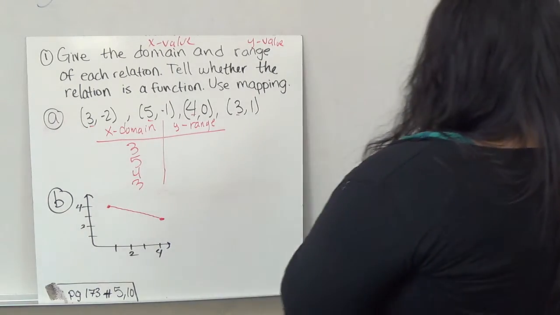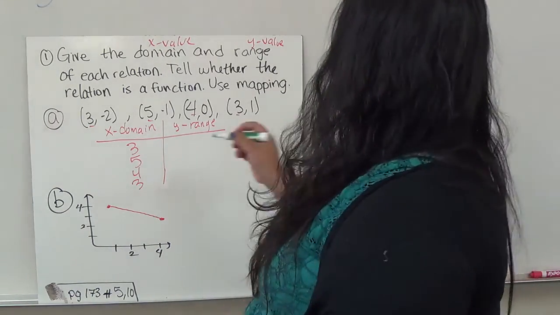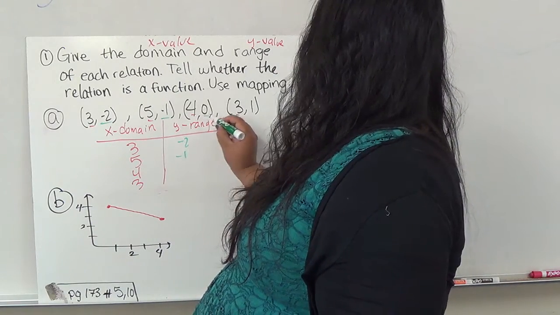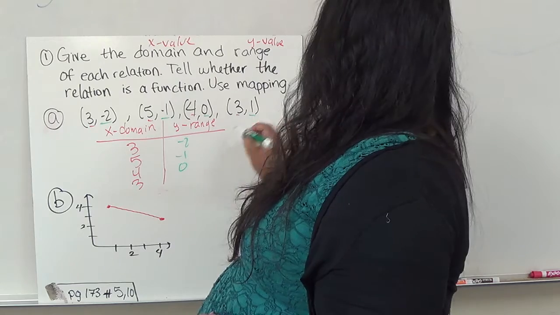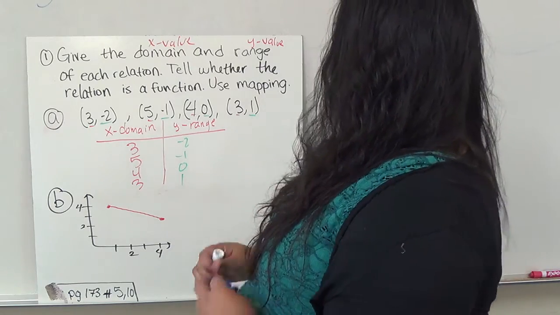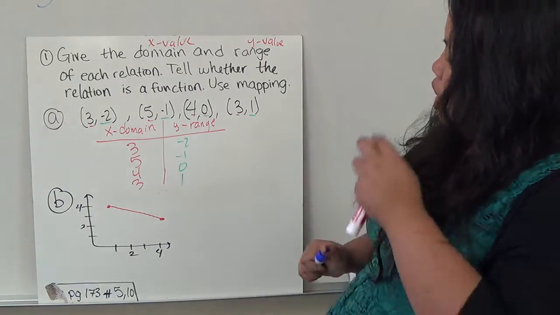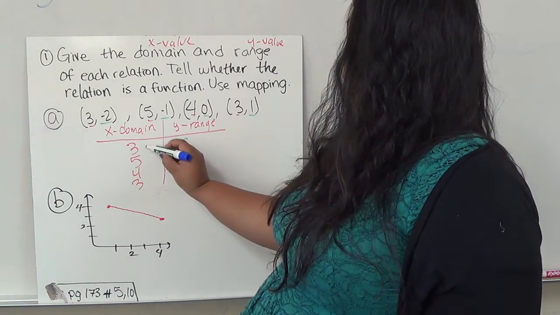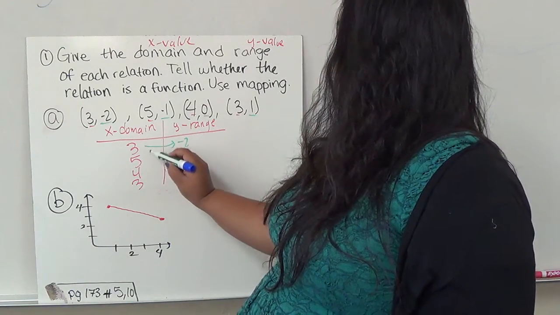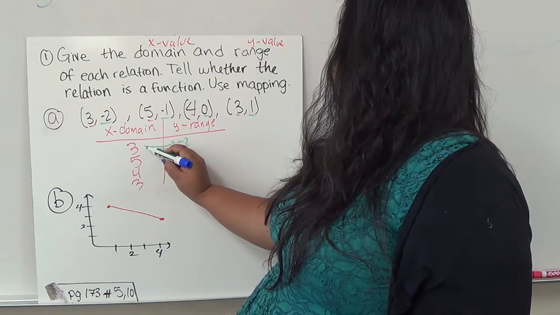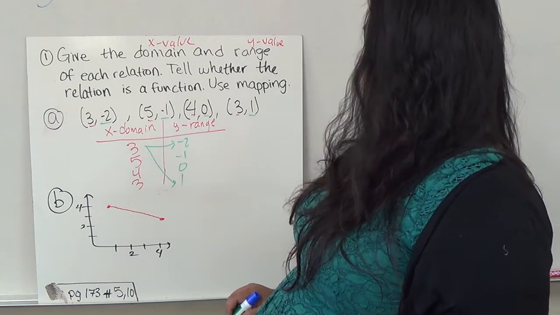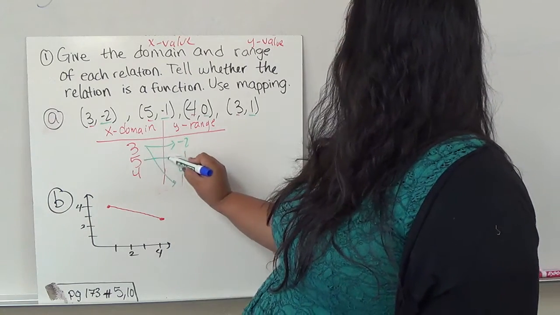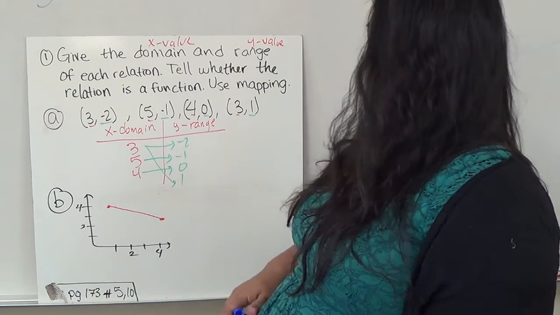Okay? And then I'm going to do the y's. Okay? And basically, I'm going to see 3 can either go to -2 or it can go to 1. Right? Because I have 3 twice. 5 only goes to -1 and 4 goes to 0.